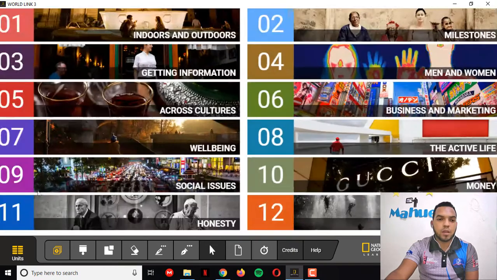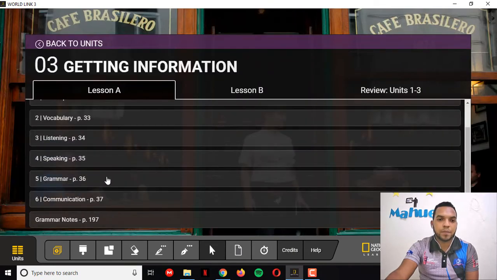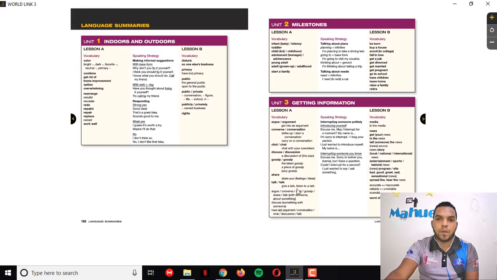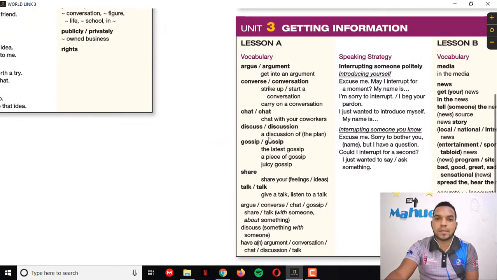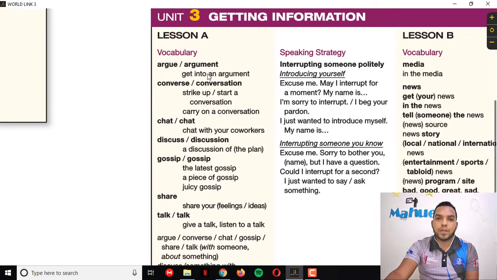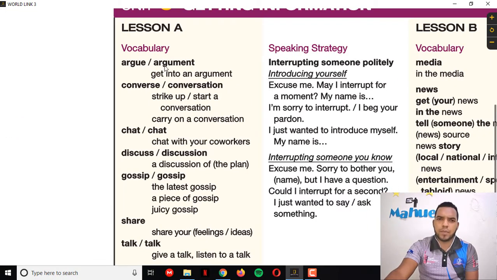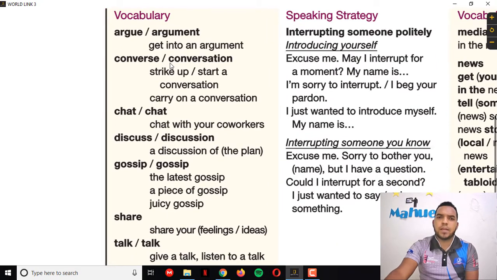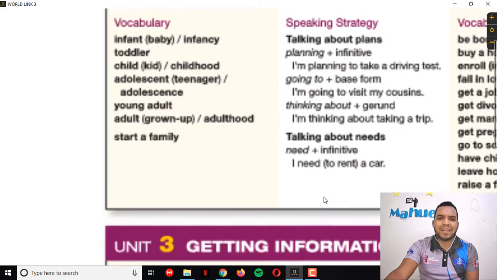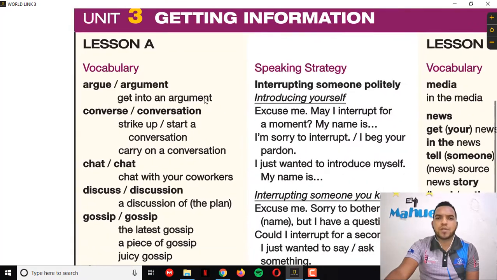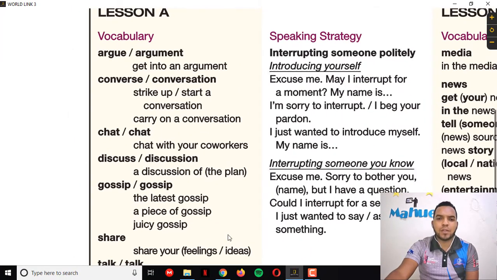Let's take a look at the vocabulary. Pay attention to the pronunciation of these words that we have over here. So first we have argue or argument, or get into an argument. This is when you are talking with another person, but you are not in a good mood, you are angry, and you argue about something or get into an argument.